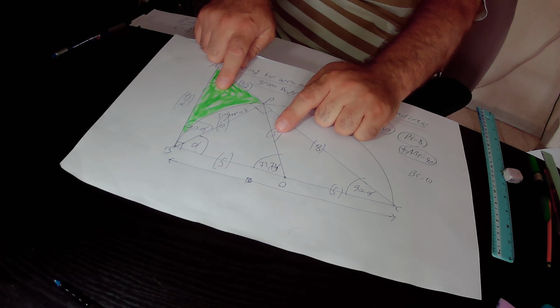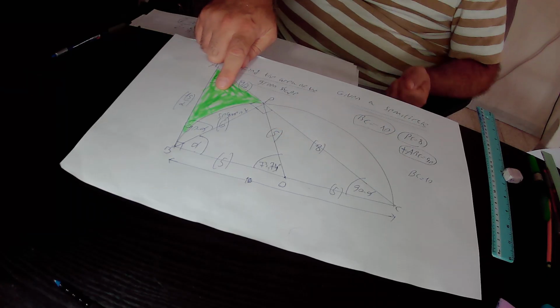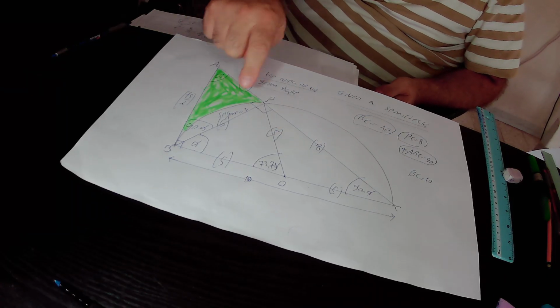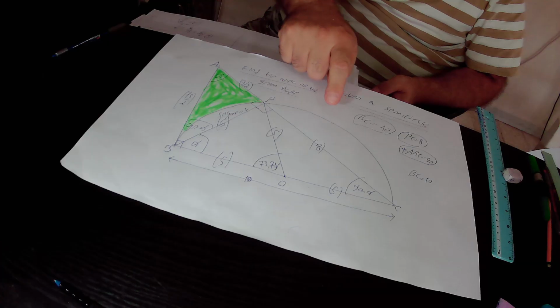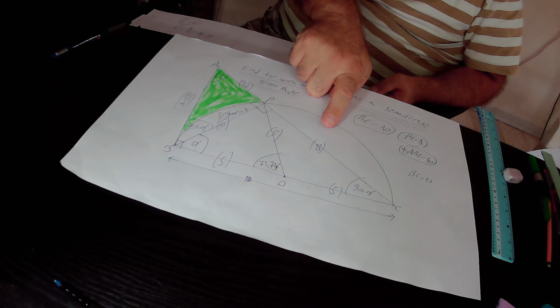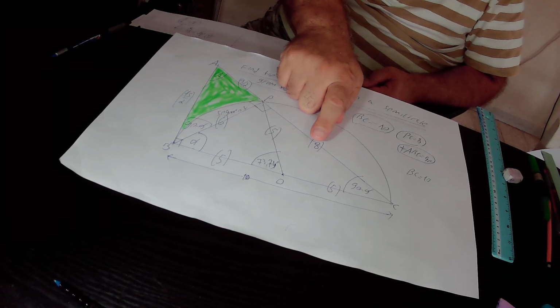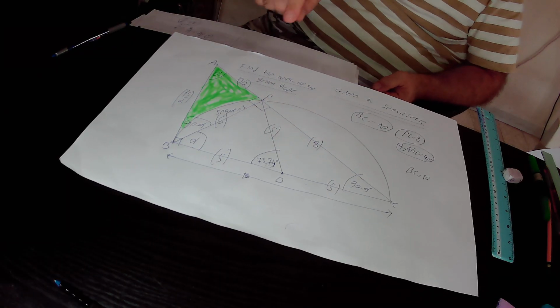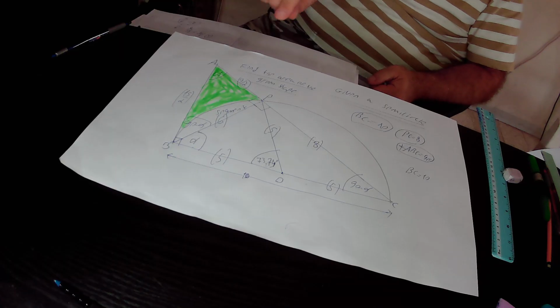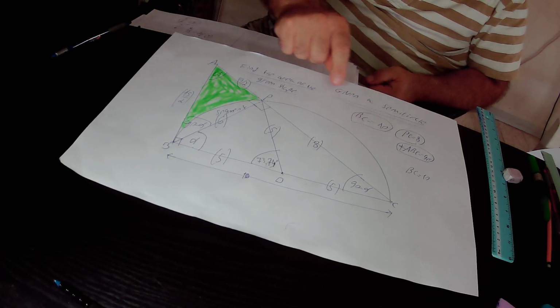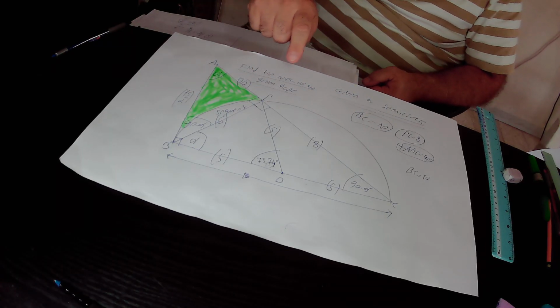But before that, we have the right triangle BPC. Side PC equals 8 units in its length, side BC equals 10 units in its length. BC is the hypotenuse. So BC square minus PC square equals PB square.